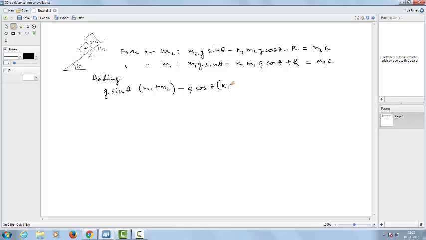Within the bracket it will be k1 m1 plus k2 m2. The factor minus r will cancel off with plus r. Therefore we are left on the right hand side with a times m1 plus m2.